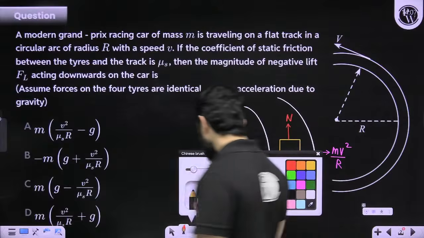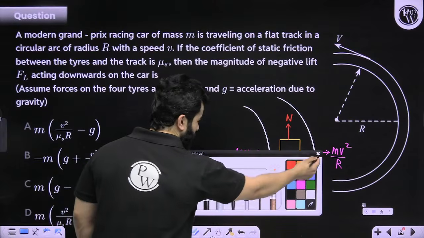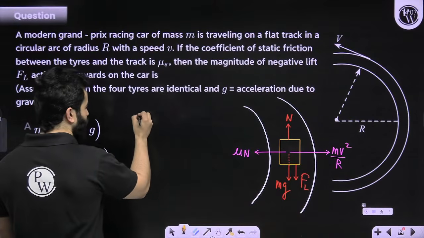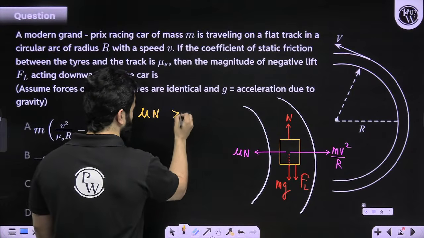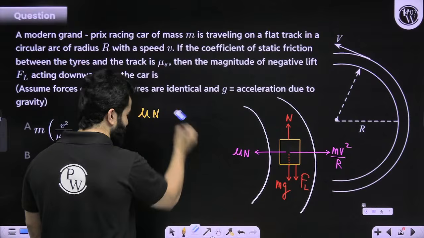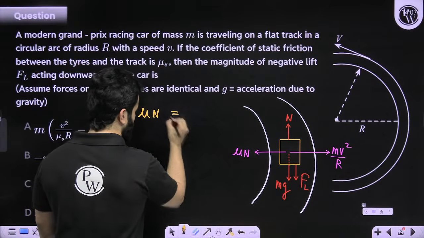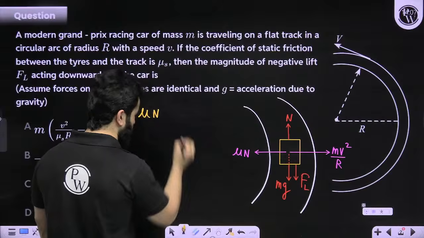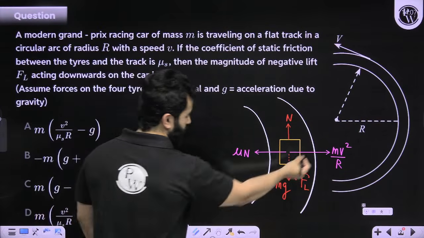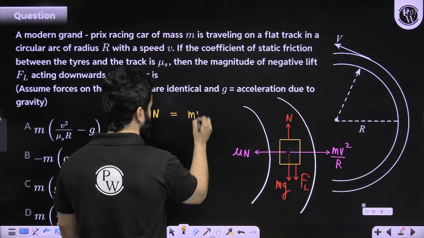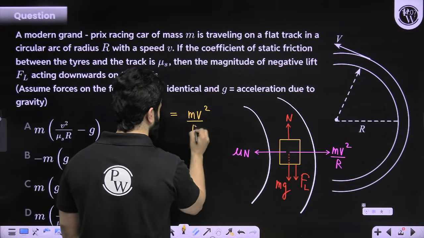Clear? Now we all know, please see here, my dear friends, that friction force must be greater than or equal to, that means the maximum value that we can write over here is mu N equals mv square by r.